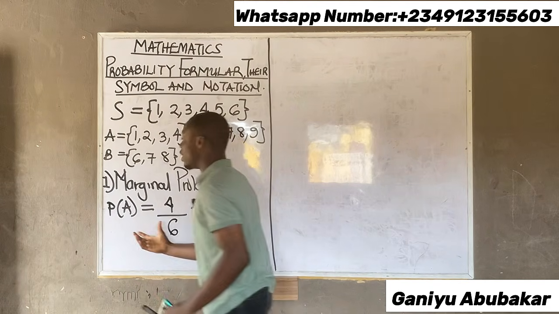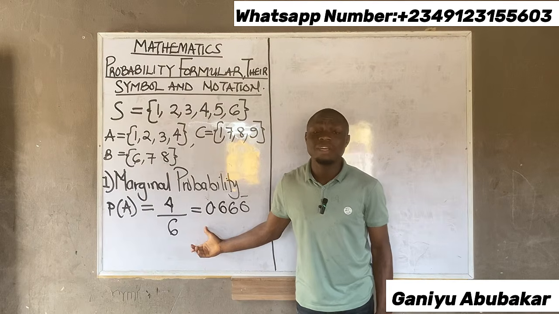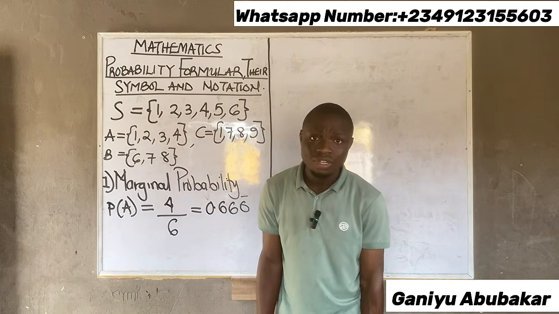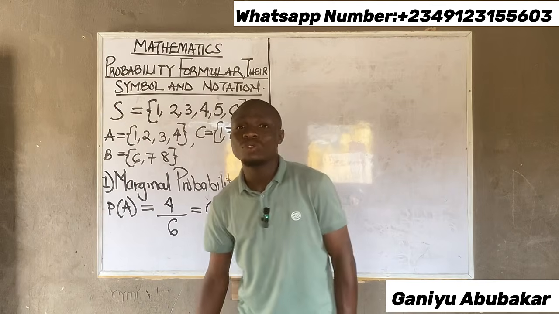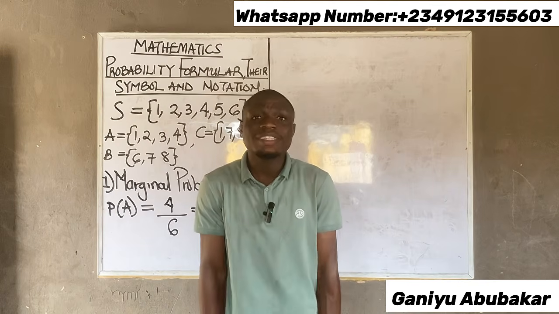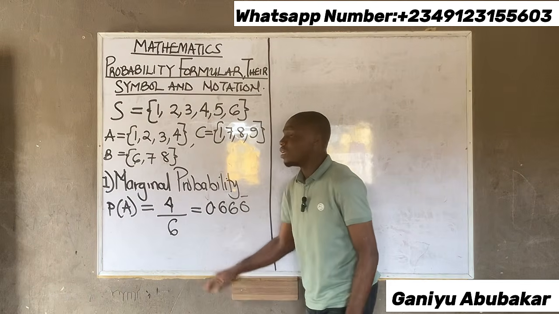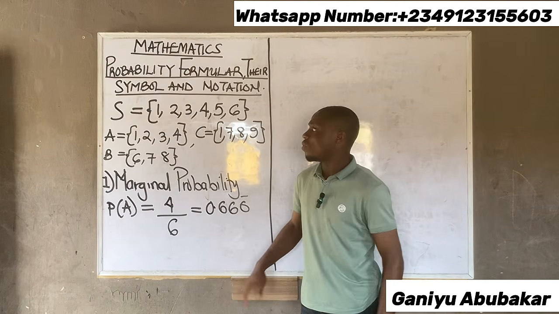Now this one here is called a marginal probability. Why? Because I did it for A alone. A is not depending on B or C. A stands alone.